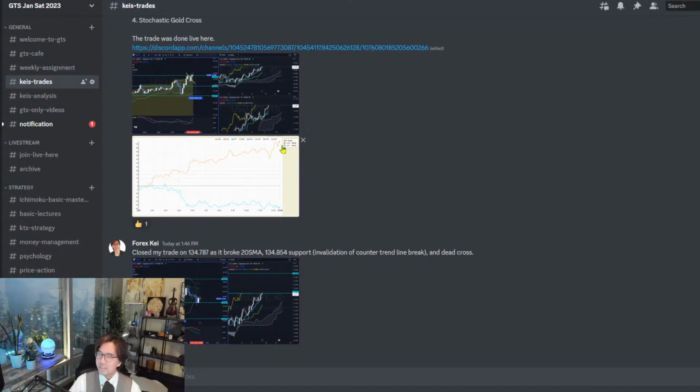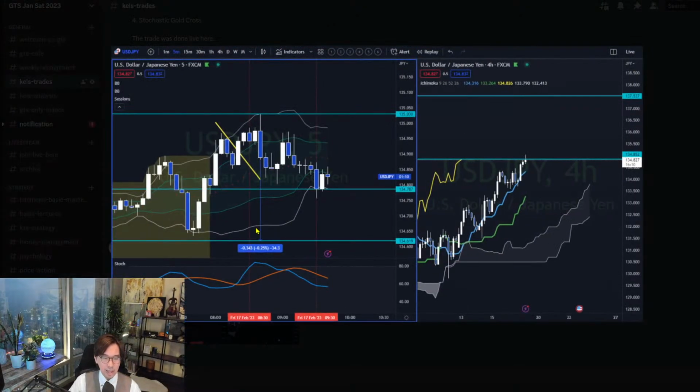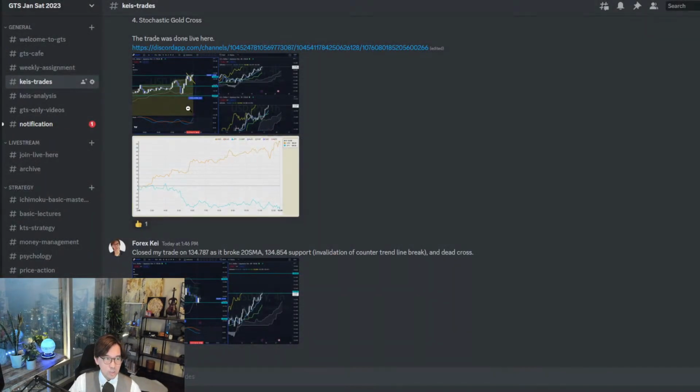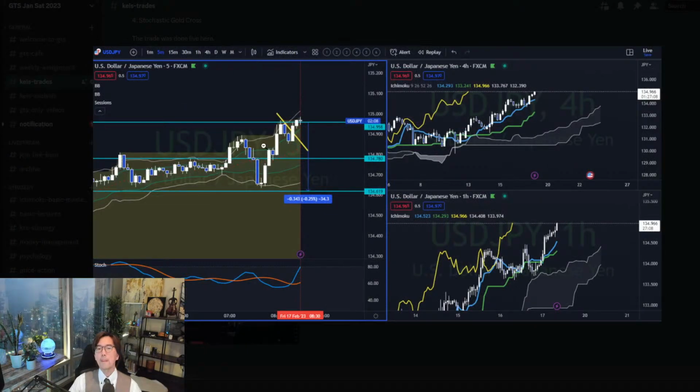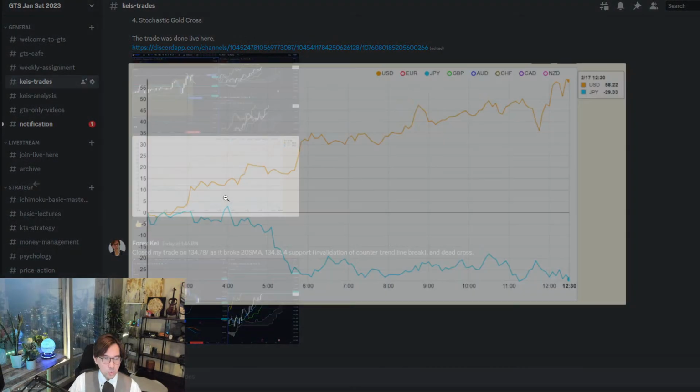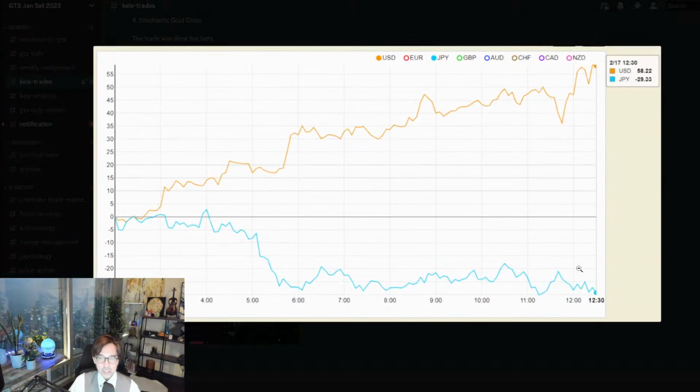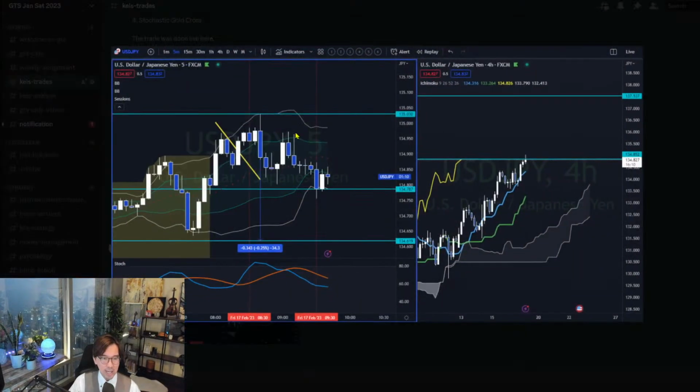Whenever the opportunities come, you just take the trade, and once it's gone, you just have to exit. That's at least my thought process. So yeah, again, this was when I took my entry, and this was the strength chart I took when I took an entry, and then this was my exit timing.